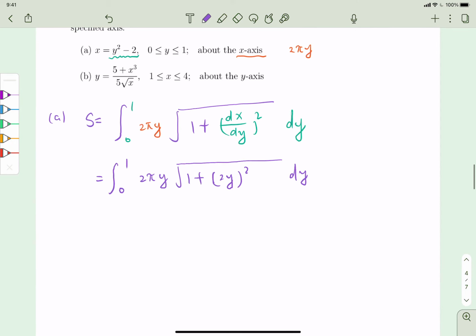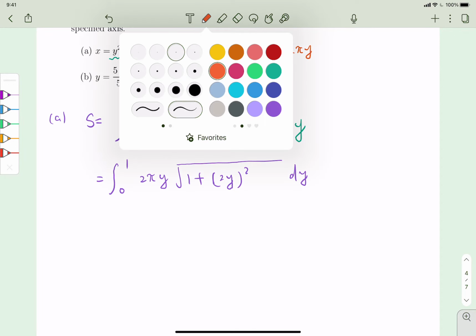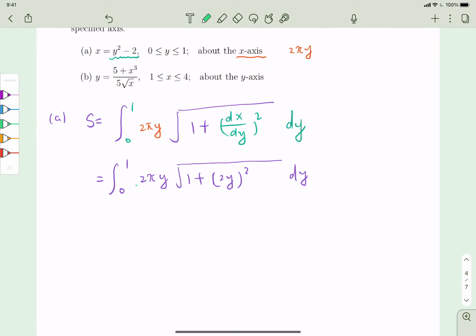And to evaluate this function, we need some kind of substitution, right? So think of letting this 2y go into the square root. This 2y goes into the, not the square root, the differential sign, I should say. And we also open the bracket.